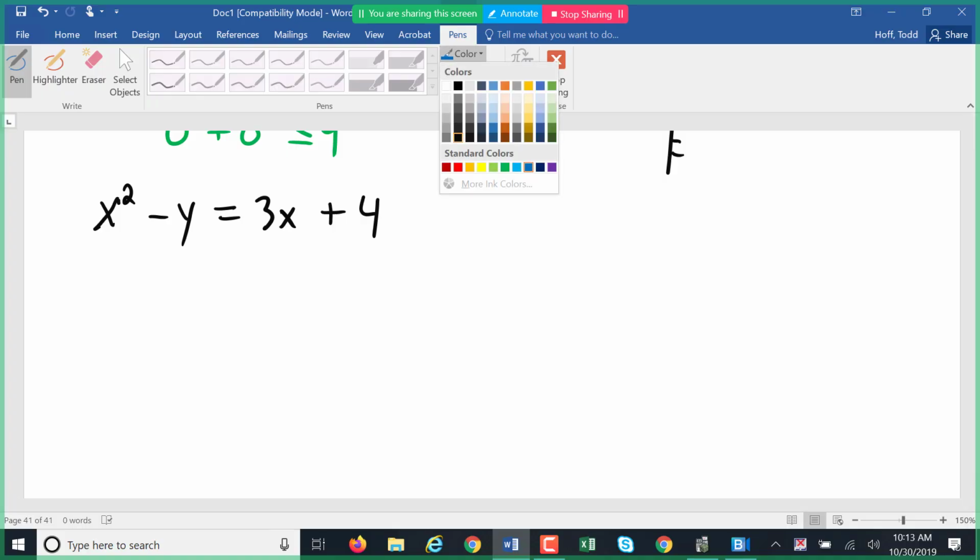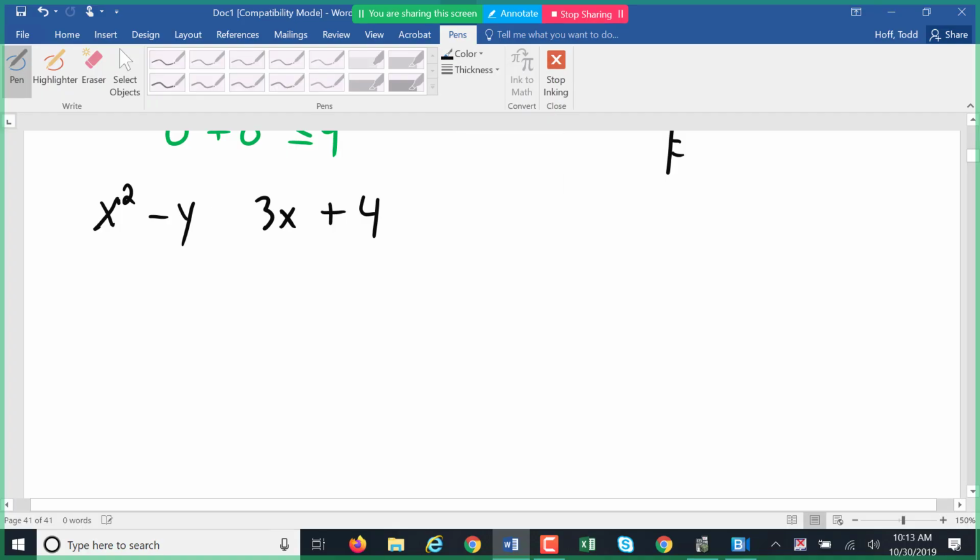Actually, I don't want equals in there, do I? Gotta make sure it's an inequality. Let's do greater than 3x plus 4.